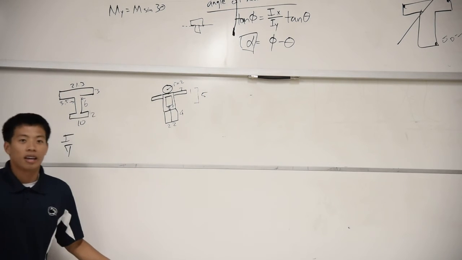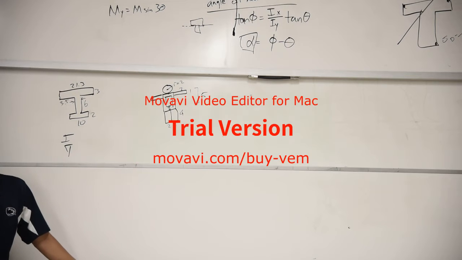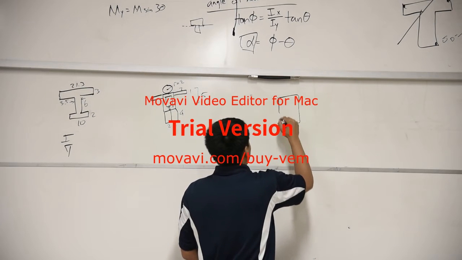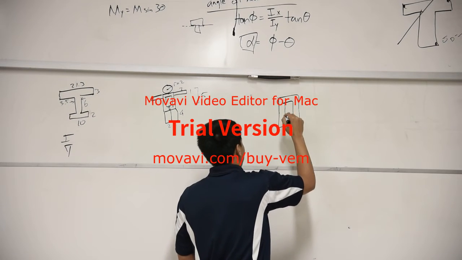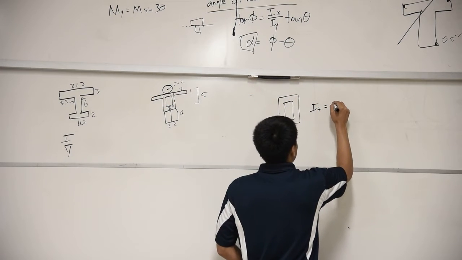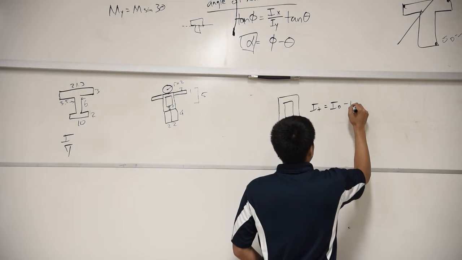Okay, I didn't cover how to deal with hollow stuff. I totally forgot. I'll cover the hollow stuff right now. You've got a simple shape like this. It's I total equals I outer minus I inner.